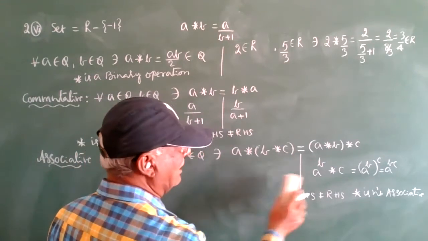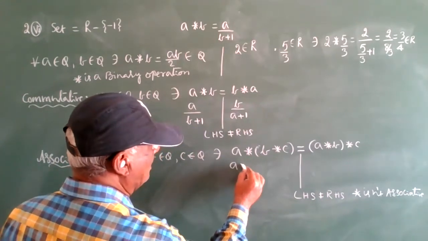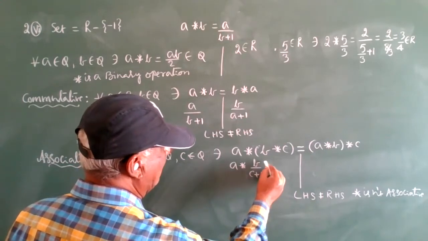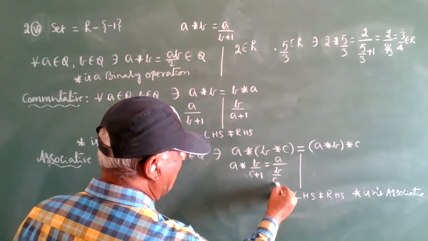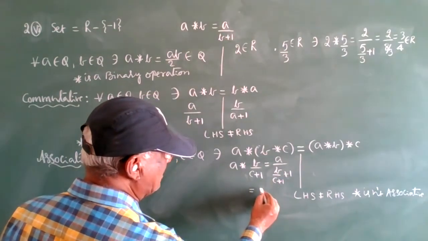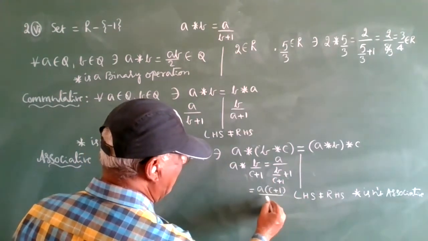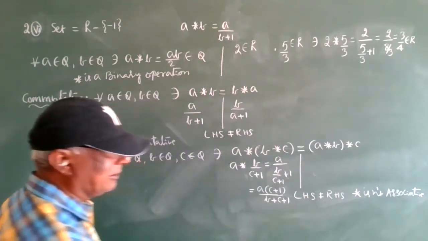Here is the associative check, everyone. A star B by C plus 1. Next, A by B by C plus 1 plus 1. By the simplification, A into C plus 1 by B plus C plus 1.